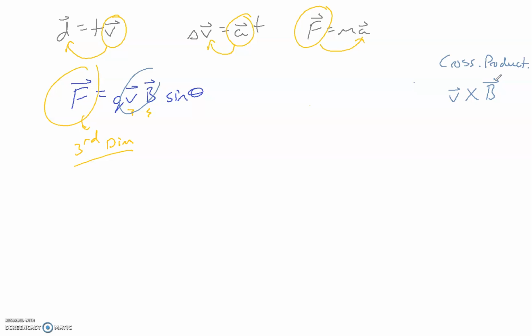An example of this is when you guys were looking at electric flux a while ago, and we had an area, and we said that the angle between the two was not between the area and the field, but that the surface actually had a vector coming off it called the normal.